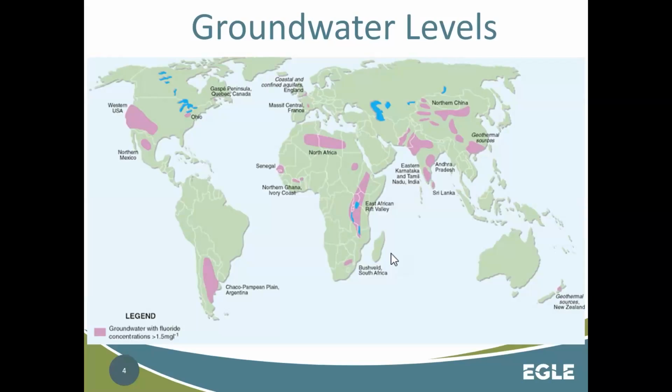So you can see the western part of the US has a lot of natural fluoride in their groundwater. That central part of Mexico, southern part of the South American continent, is that Argentina? Yep. And then we see northern China, or just parts of China, and India also have a lot of natural fluoridated groundwater.